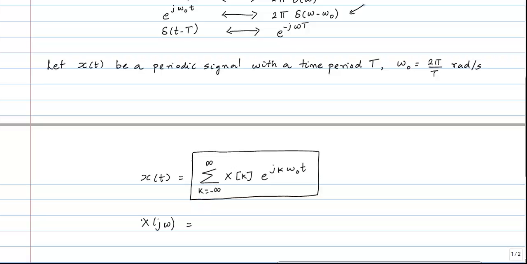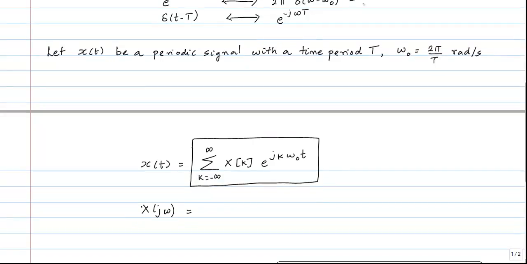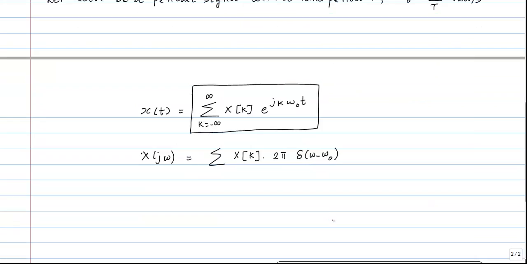And using this relationship, we can see that the Fourier transform of this is the summation of x of k times 2 pi times delta of omega minus k omega naught. Or equivalently, this is 2 pi times the summation, k running from negative infinity to positive infinity, of x of k delta of omega minus k omega naught.